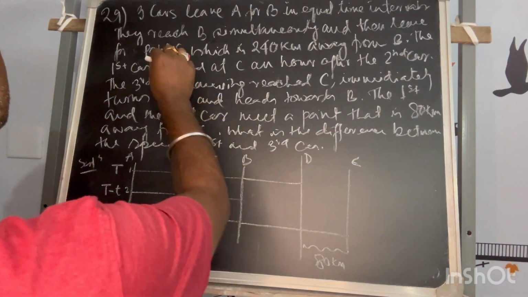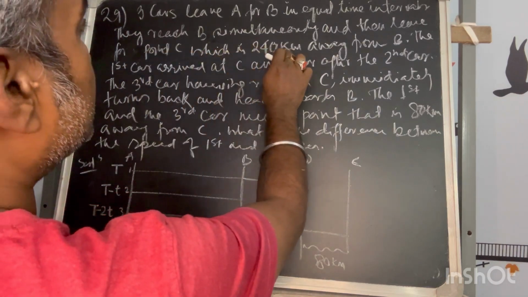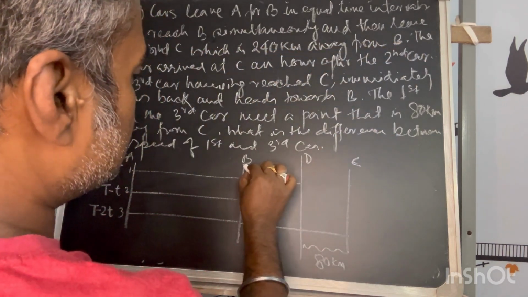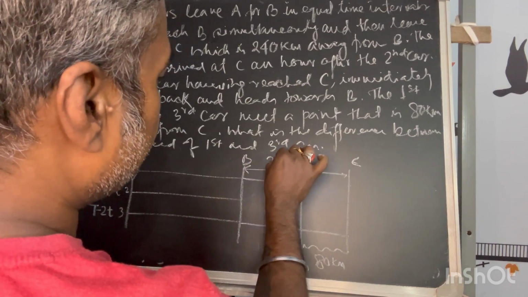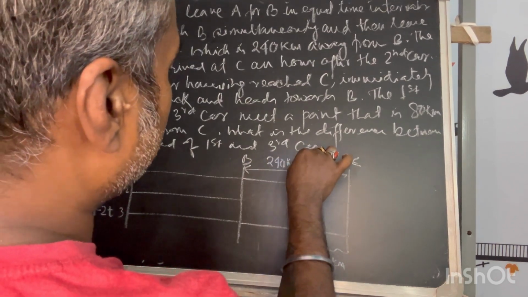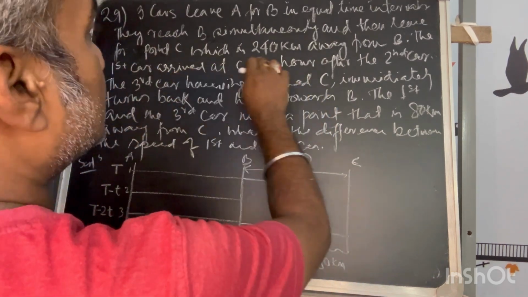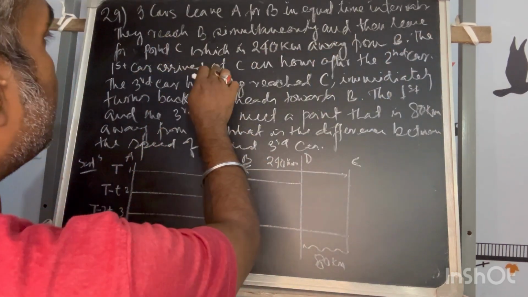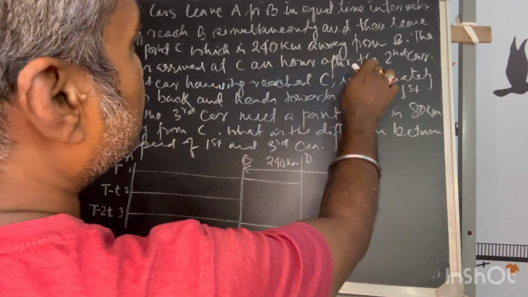Another thing given is that point C is 240 kilometer away from B. So B to C is 240 kilometer. The first car arrived at C an hour after the second car.